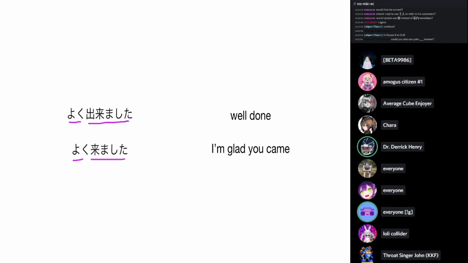Yoku dekimashita is a common saying that a kindergarten teacher might say to the class when everyone recites the alphabet correctly. And yoku kimashita is something you'd say to a friend who visited, like, I'm happy you're here. So because yoku can mean a few other things, for the specific use that you're talking about, Kuro, you might use anmari instead, just to avoid confusion.